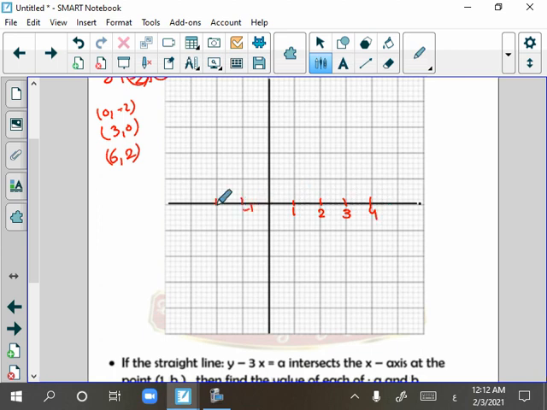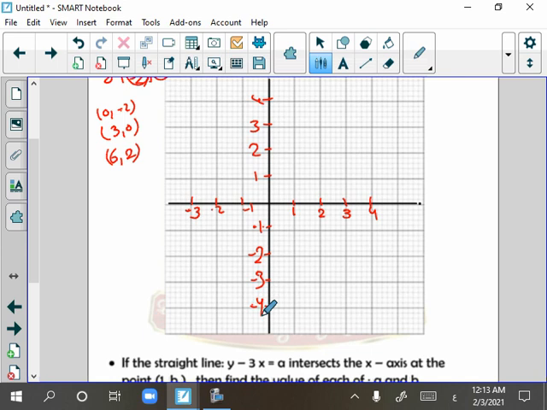Negative 1, negative 2, negative 3, and negative 4 on the other axes.